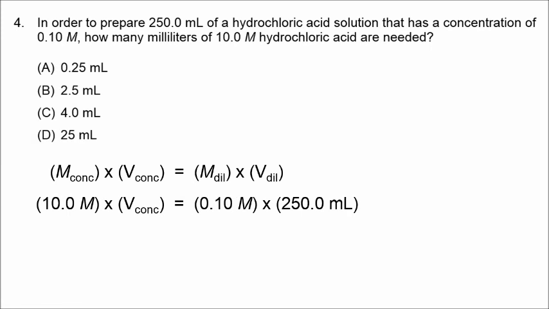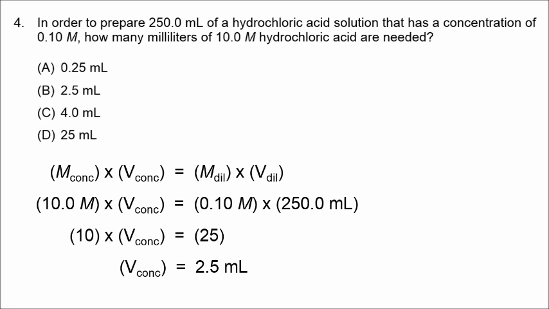So 10, which is the concentration of the stock solution, times the volume in milliliters, we don't know what that is yet, equals 0.1, the concentration of the dilute solution, times its volume, 250 milliliters. Pretty simple math. 0.1 times 250 is 25, and 25 divided by 10 is 2.5. So correct answer is B.